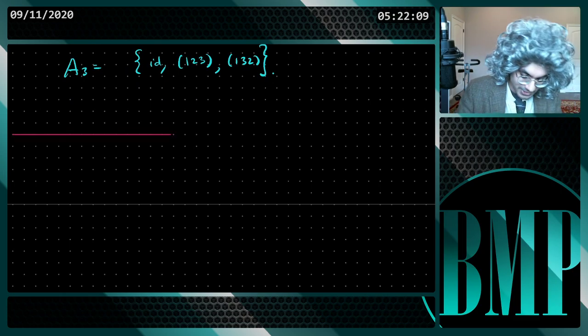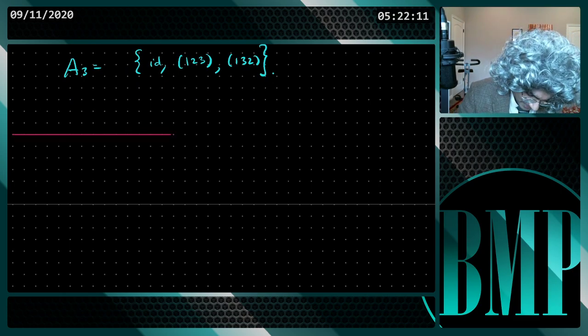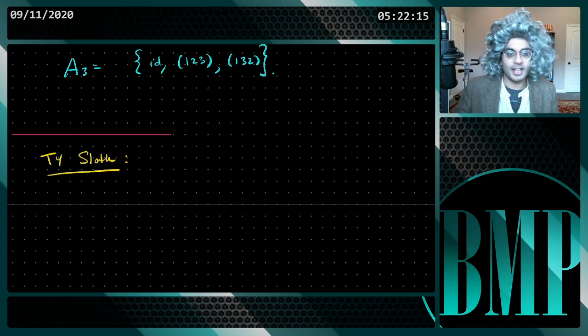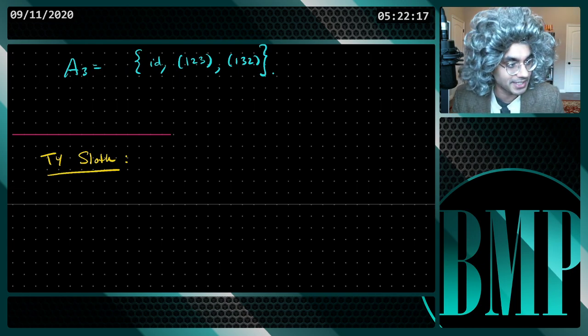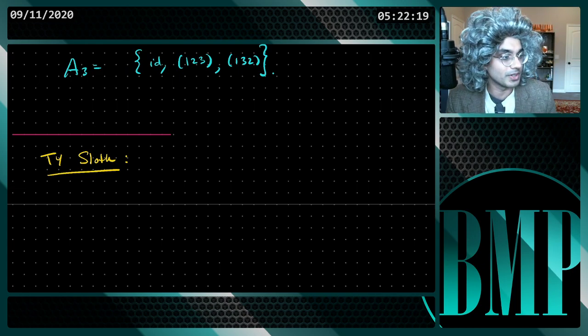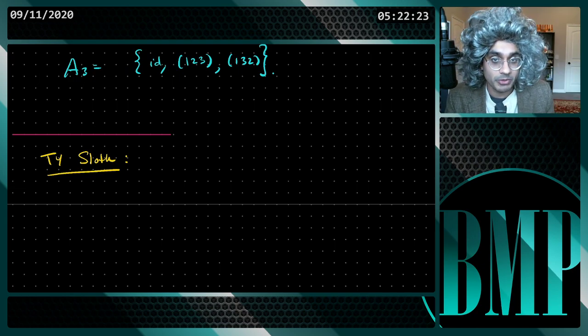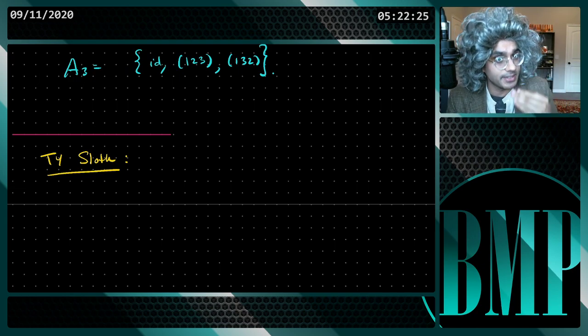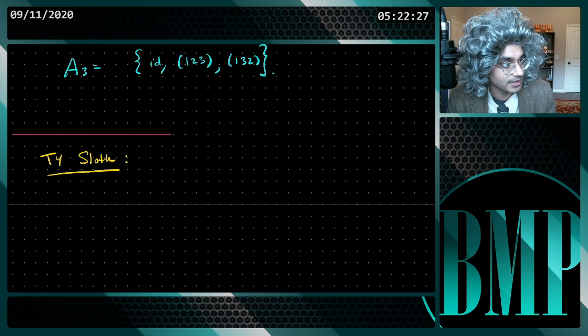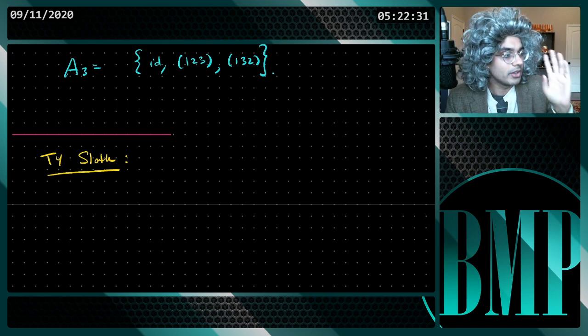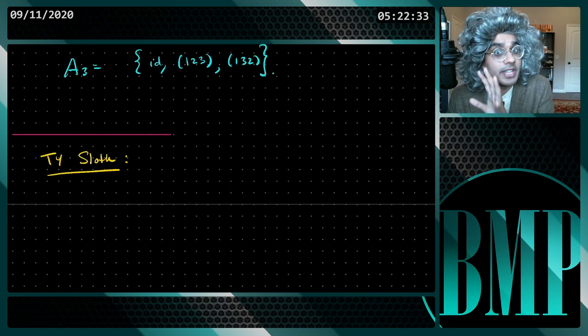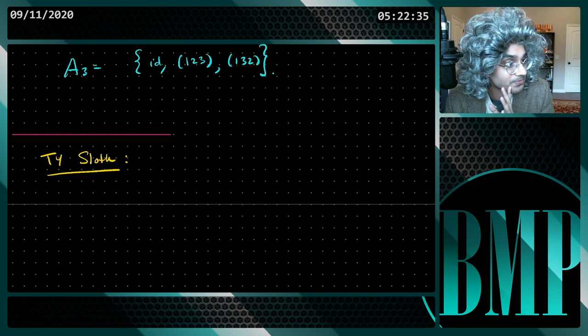Oh, actually first, let me deal with Sloth. Thank you, Sloth, for the question. The question is conceptual. It seems that we are only talking about the sign of a permutation, or the evenness and the oddness of a permutation, only in the context of a permutation group Sn.